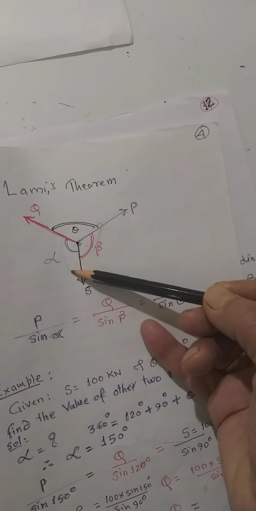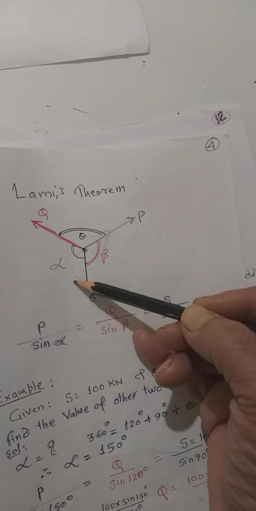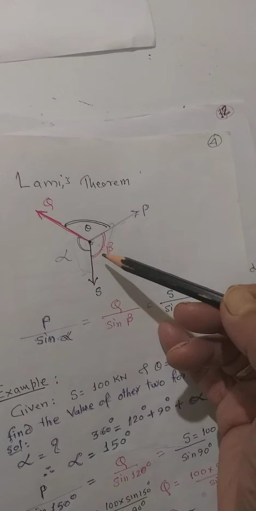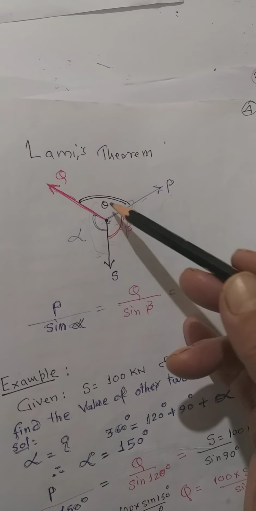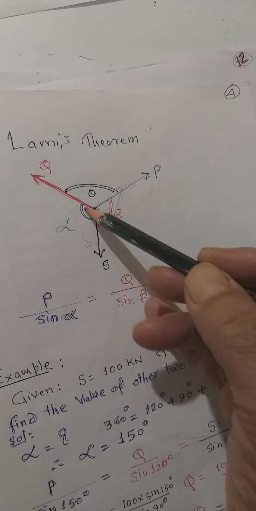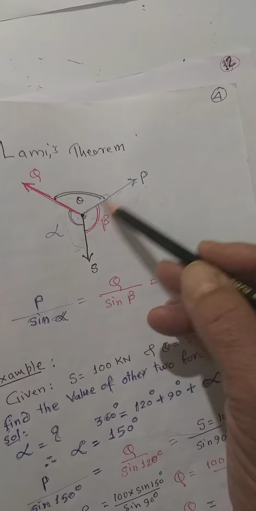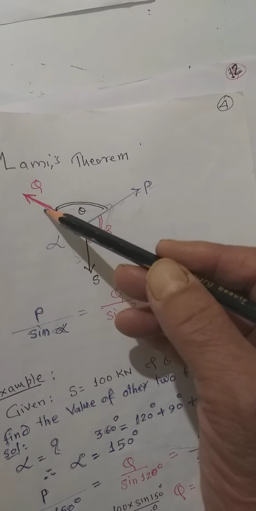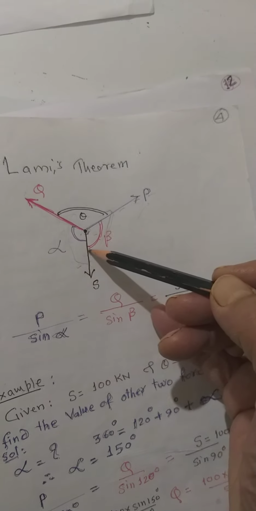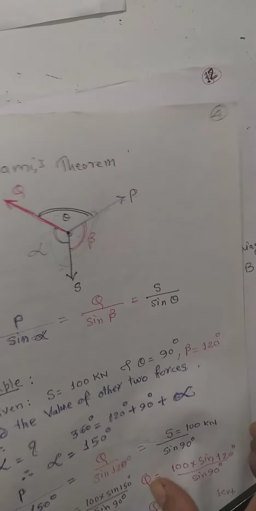This is the angle. So P is proportional to sine of alpha, Q is proportional to the sine of beta, and S is proportional to the sine of theta. So this force is proportional to the sine of the angle between the other two. This force is proportional to the sine of the angle between the other two. And this force is proportional to the sine of the angle between the other two forces.